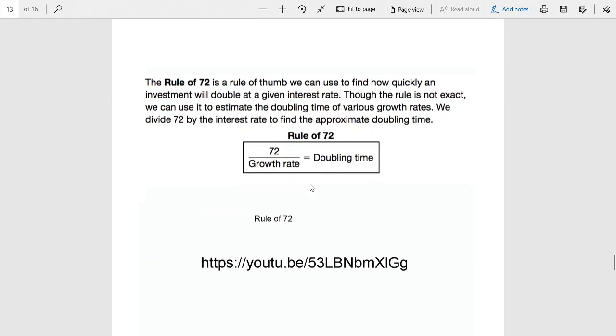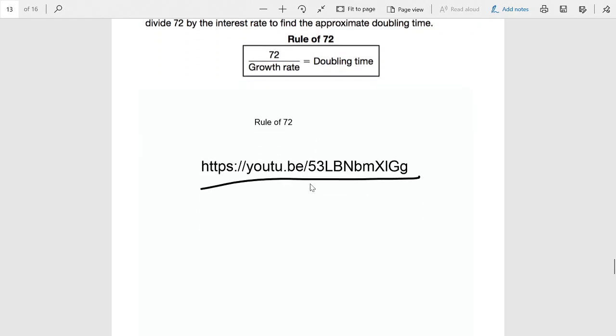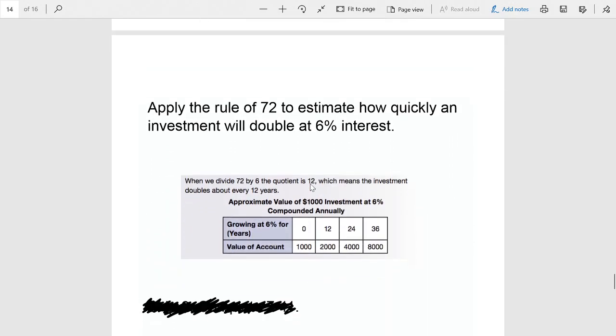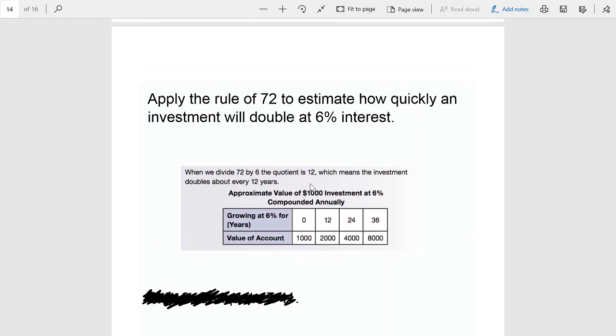So for example, you can go to this YouTube if you would like a little bit more explanation and examples of the rule of 72, but let's use it in context here. So if I have something like 6%, what I would do to figure out how much time it takes for my investment to double is take 72 divided by my growth rate, in this case 6%. That gives me 12.